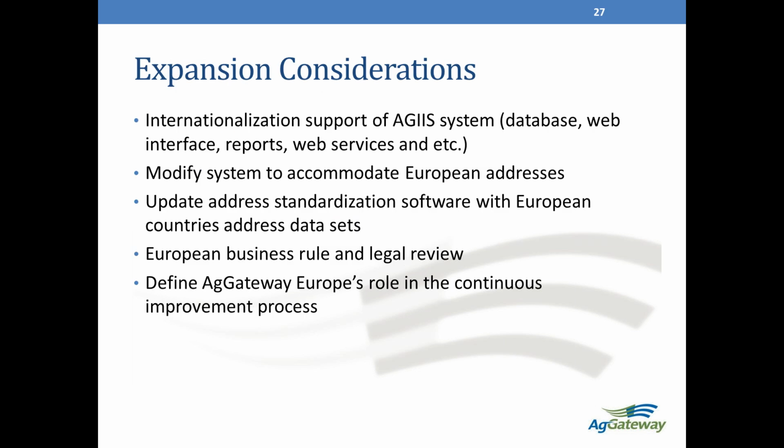So, AGIIS benefits. These are statements that have come directly from our subscribers, where they say using unique identifiers along with AgGateway's standardized message formats has resulted in these things below. Reduced manual data entry, fewer data errors, less time spent communicating by phone, fax, and email.